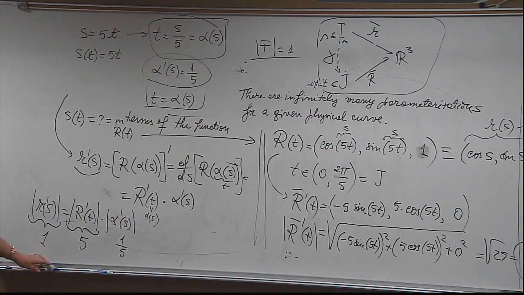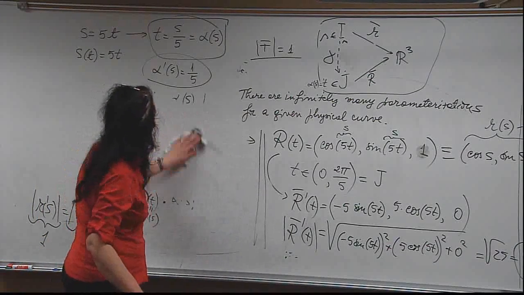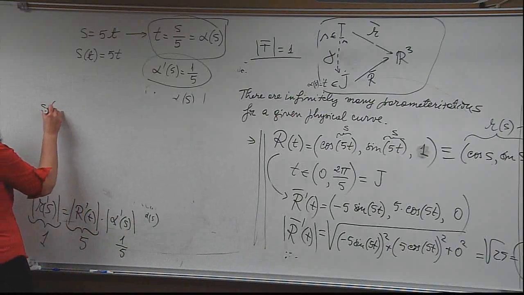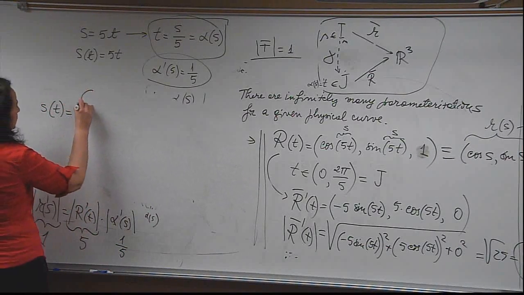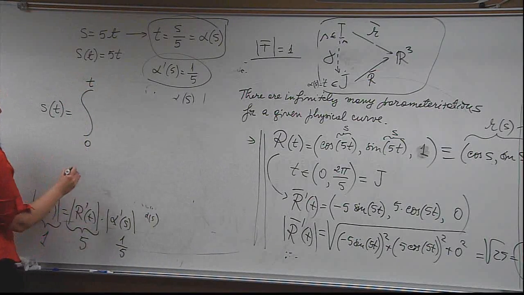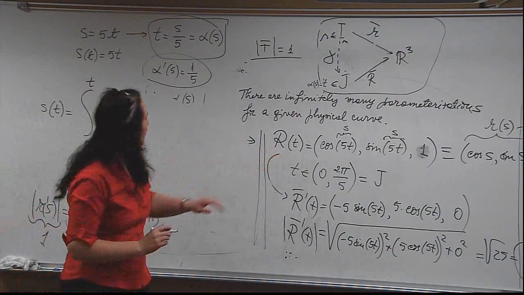Okay, so let's see what we have. If we define s of t as being the integral from 0 to t of the speed, the absolute value of r prime of t.